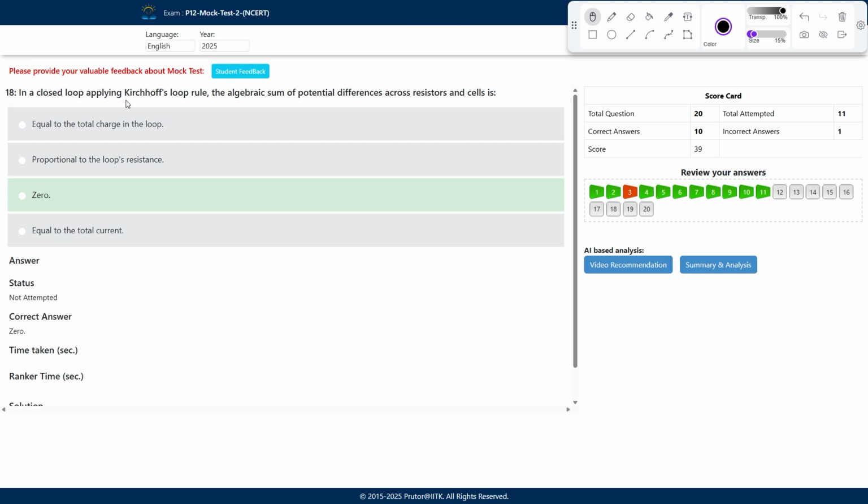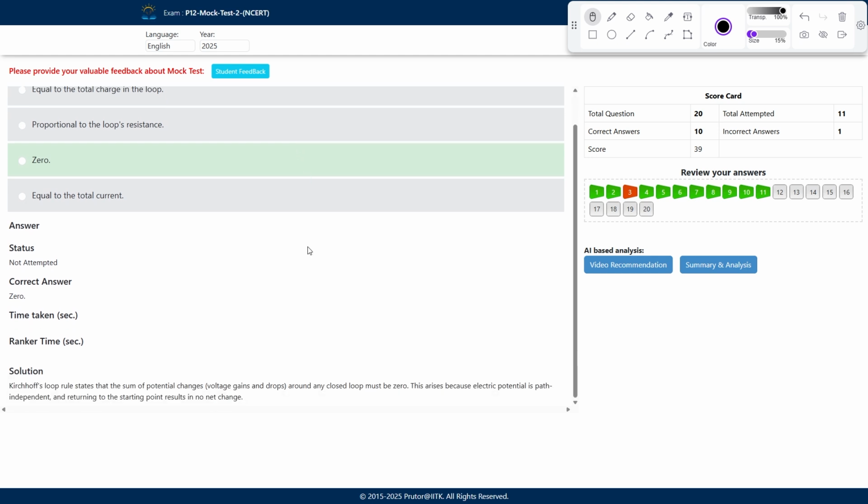In a closed loop, applying Kirchhoff's loop rule, the algebraic sum of all the potential differences across the resistors and cells is 0. This is the statement of Kirchhoff's loop rule. The full statement is that the sum of potential changes, voltage gains and drops around any closed loop must be 0.